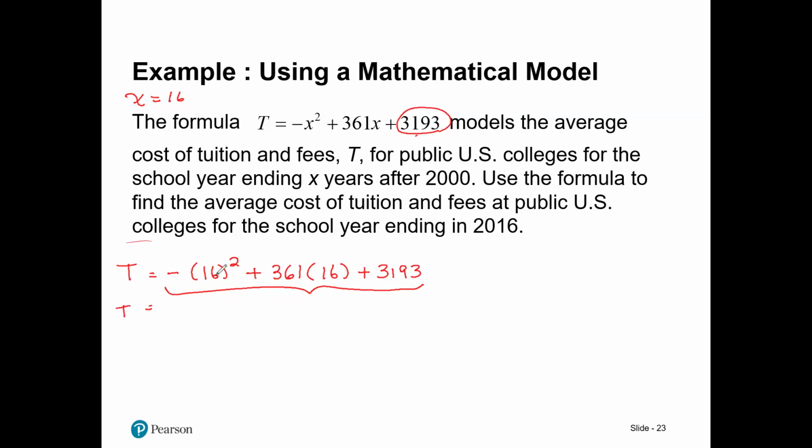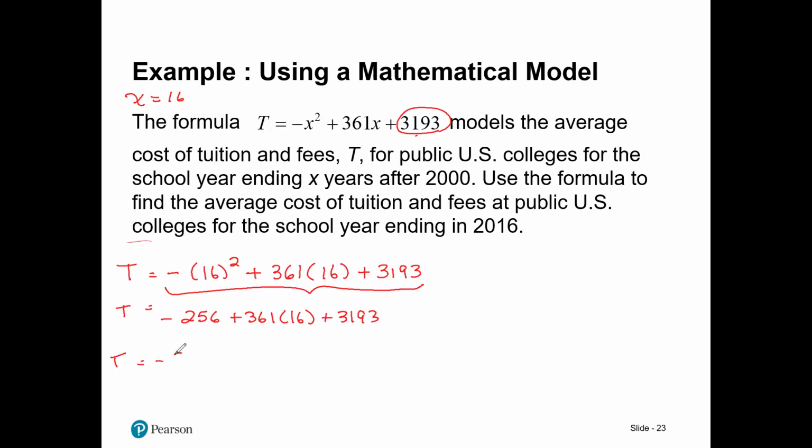Ignore what T is. So negative 16 squared. We need to deal with this square first because I don't have groupings, I just have a square. So 16 squared is going to be 256. You also could just plug this all in your calculator, but we're going to do this piece by piece.